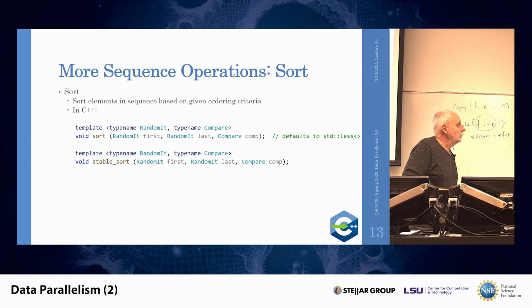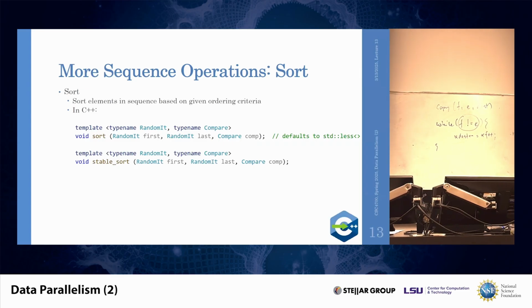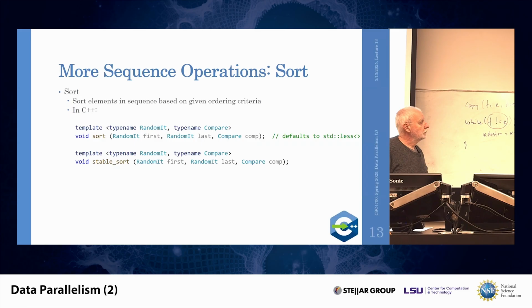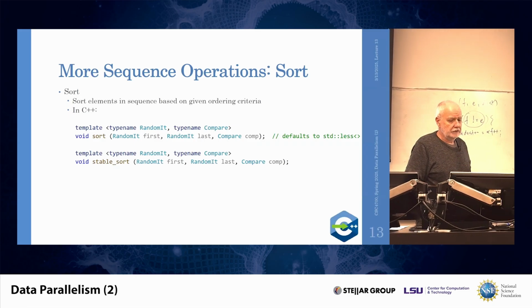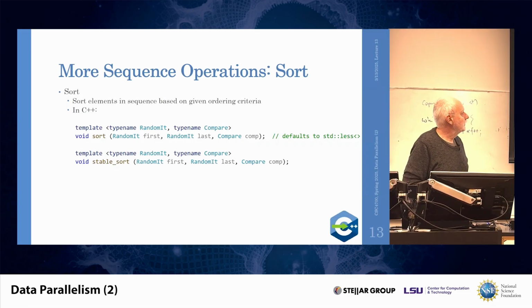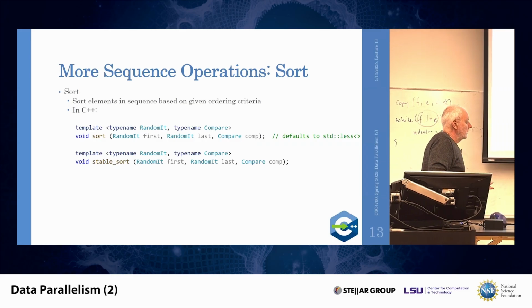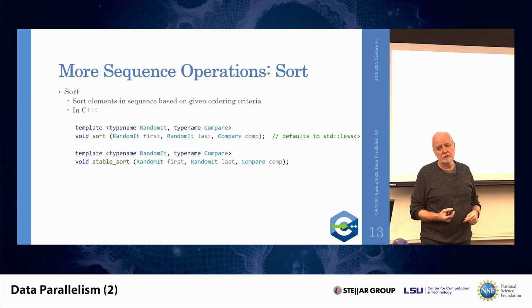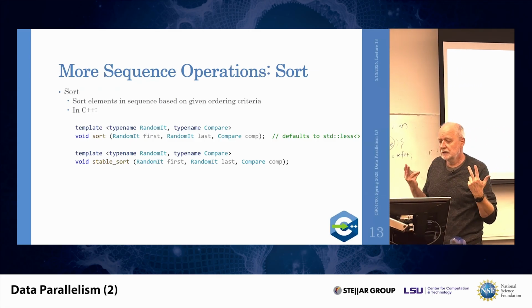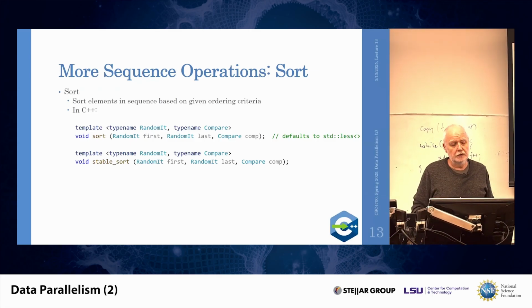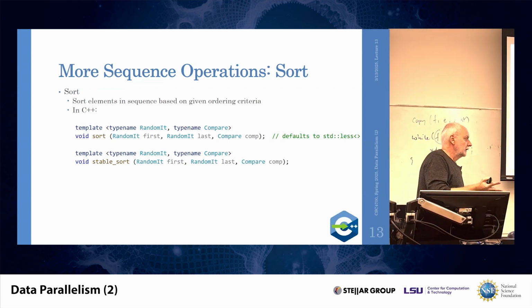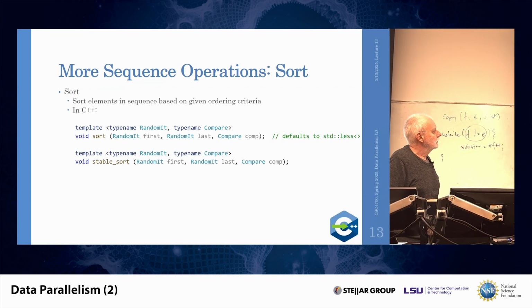A very commonly used sequence operation is sort. And there's not much to talk about because it's kind of obvious what it's doing. You provide an ordering criteria, which is a function that takes two arguments and compares them, and returns true if the first argument is by default less than the second argument.